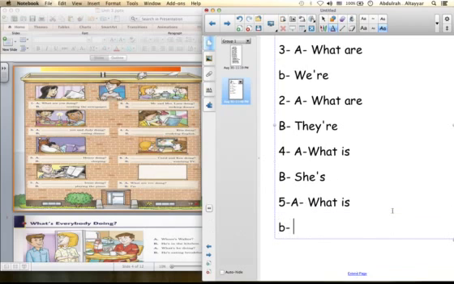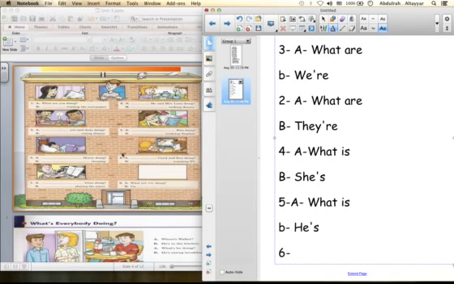Now, B. What is he doing? So the answer, he is sleeping. Yes. Now, number 6. Now, he's asking you about them.